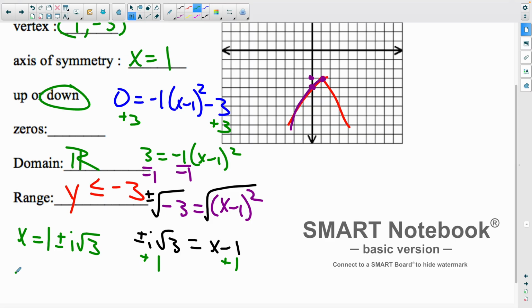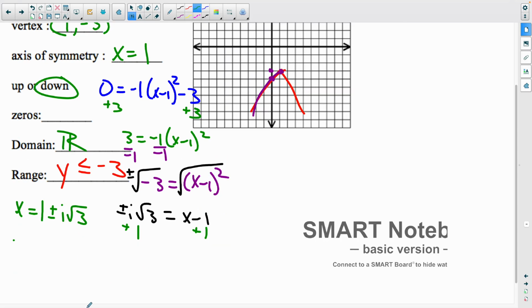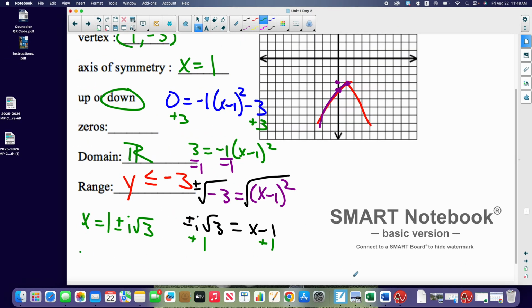So those are your 2 pages for homework. On the first part, it says to do 1 through 4, A and B. And so I'll show you a picture of it here in a second.